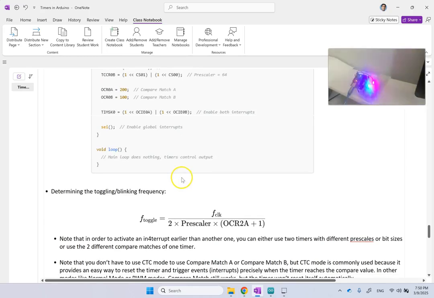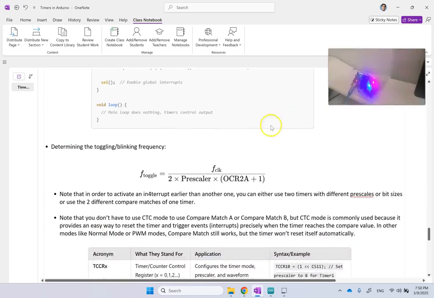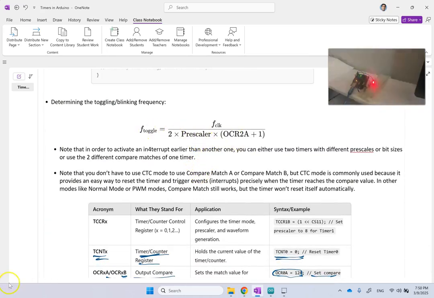The other example I want to show you is this toggling here that you can see. I have 3 LEDs here. Each one is blinking at a different frequency or a different time. And I did that with different timers that I have. And I want to show you my code for that so you see how to use it. And then discussing this important formula for toggling or blinking frequency that you can use.